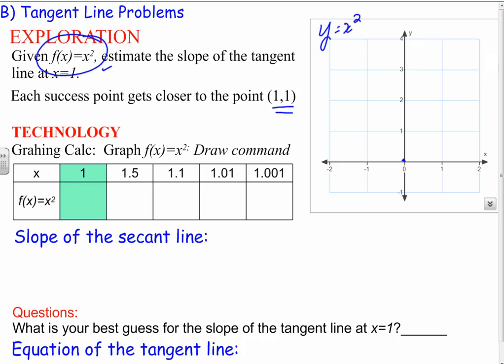Well, we all know that's a parabola centered at 0, 0. If I put in 1, I get out 1. If I put in 2, I get out 4 because I'm squaring it. And since this is an even function, notice the degree, it will be very symmetrical about the y-axis. So there is our parabola.